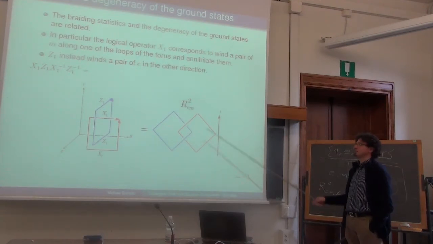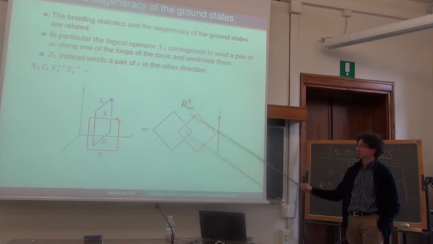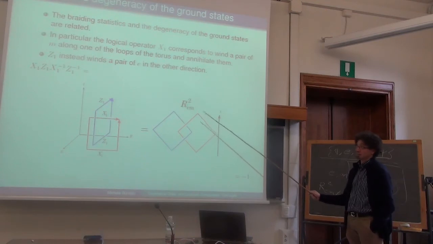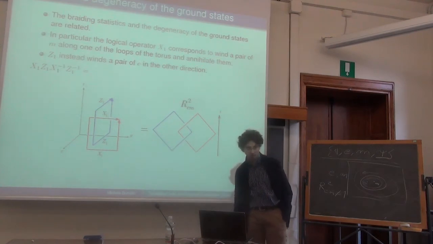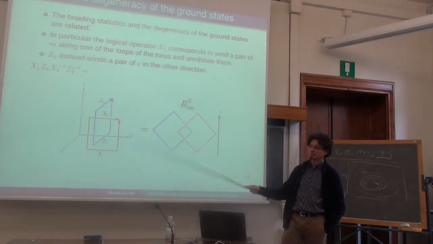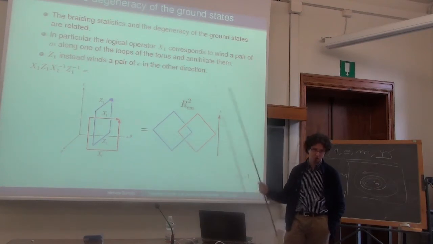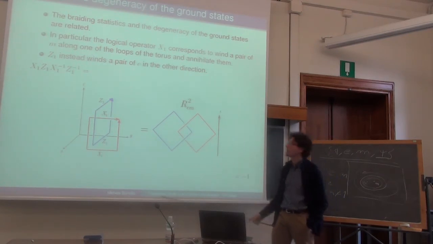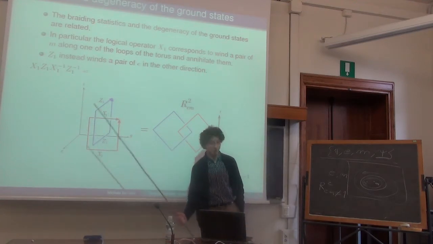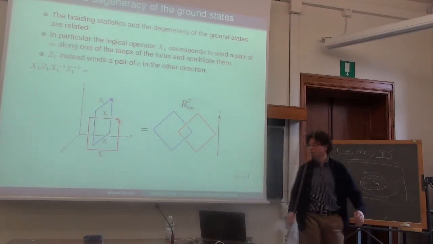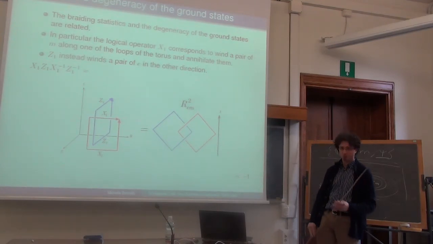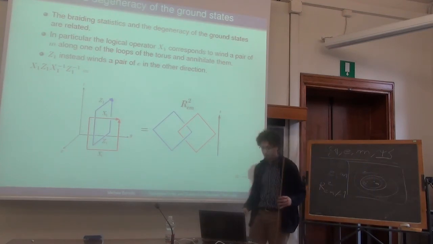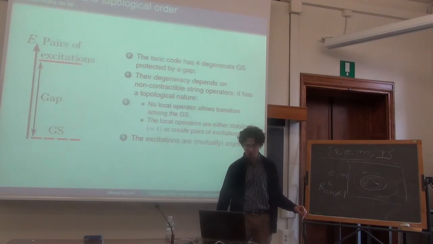So if there exists a pair of excitations in your system such that this operator R squared is different from the identity, it means that you have a couple of string symmetries that do not commute with each other, and again, since we have symmetries not commuting with each other but commuting with the Hamiltonian, we obtain that the ground state must be degenerate. So essentially what I'm telling you is that every time you have abelian anyons, you get some degeneracy on the torus because of the existence of these string symmetries which do not commute.